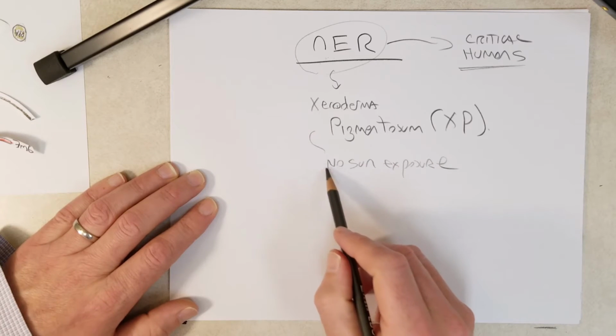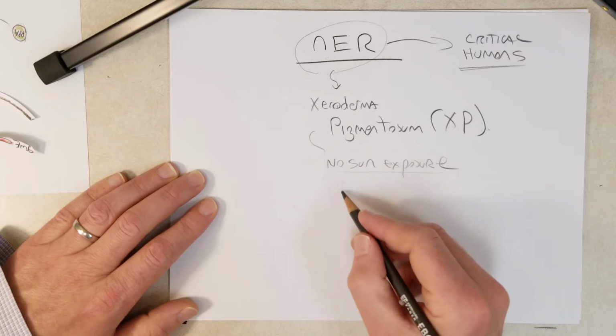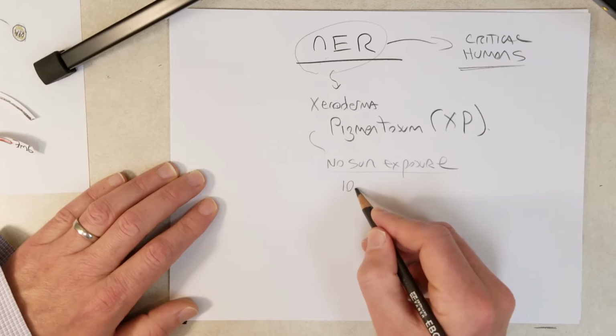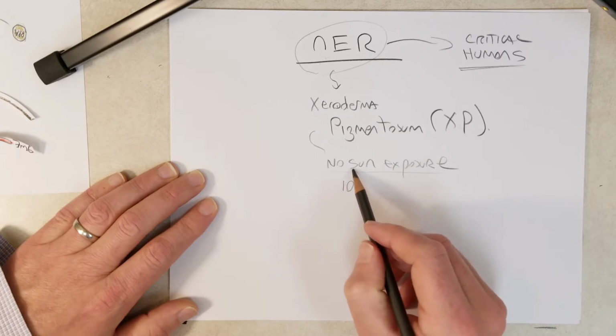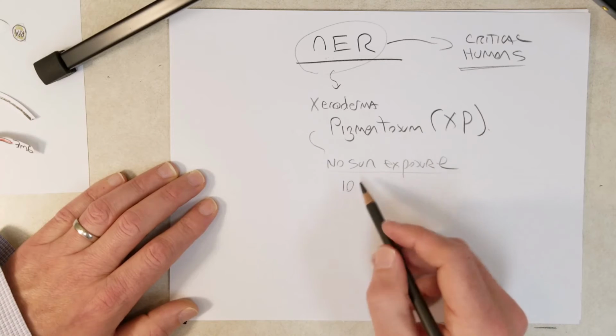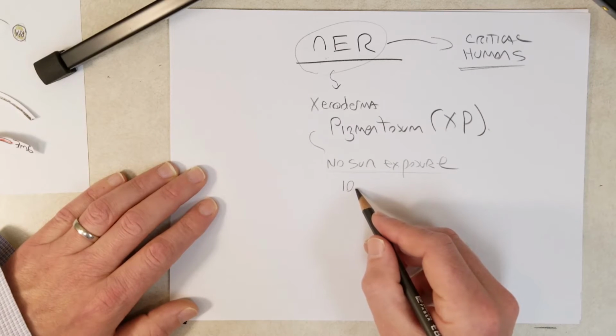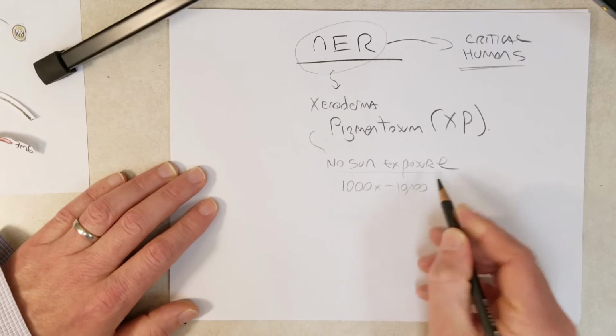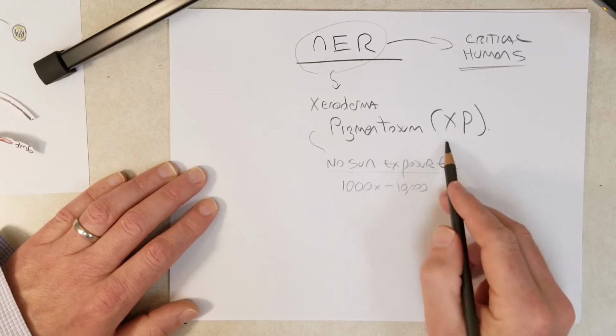And even when they're doing their best to stay out of the sun, cancer rates are still super high. I'm not sure if this is for patients who have never been out in the sun, or if it's even if you have XP and you avoid sun. But cancer rates are much, much higher, something like 1,000 times to 10,000 times higher than a human without this disorder.